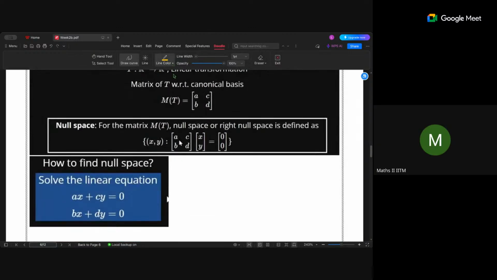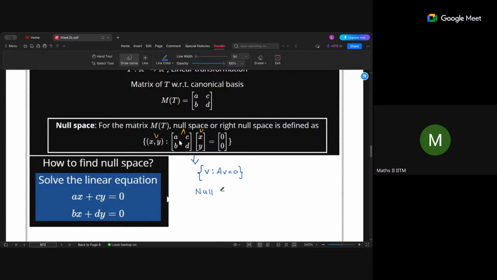Writing this matrix as A and the vector as V, your set becomes the set of all V such that AV equals 0.